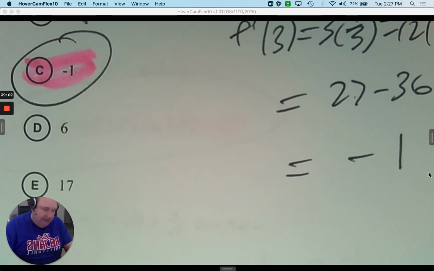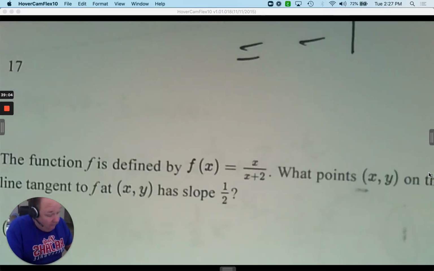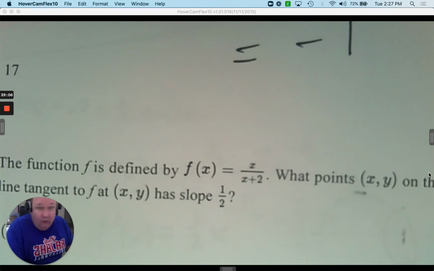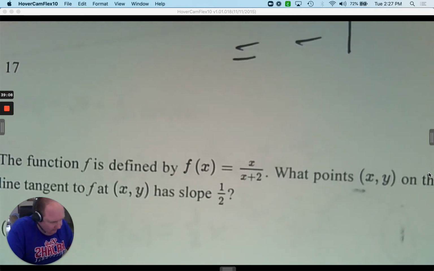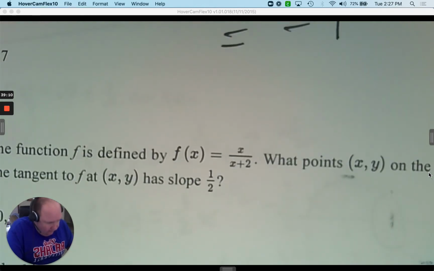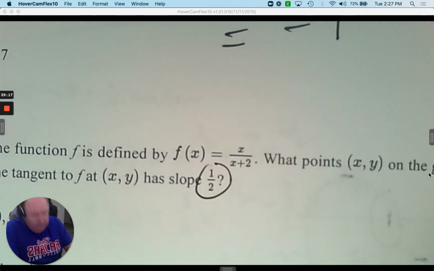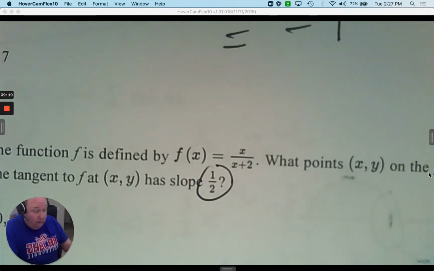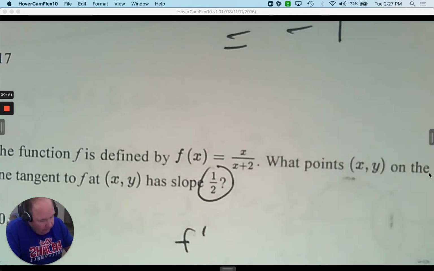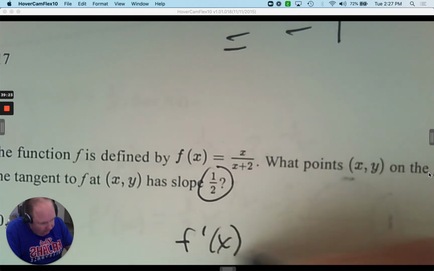Number 25. You have a function defined as x over x plus 2. What points x, y on the graph have the property that the line tangent to f at x, y has a slope of 1/2? So derivative means slope. So the derivative we need to figure out first.